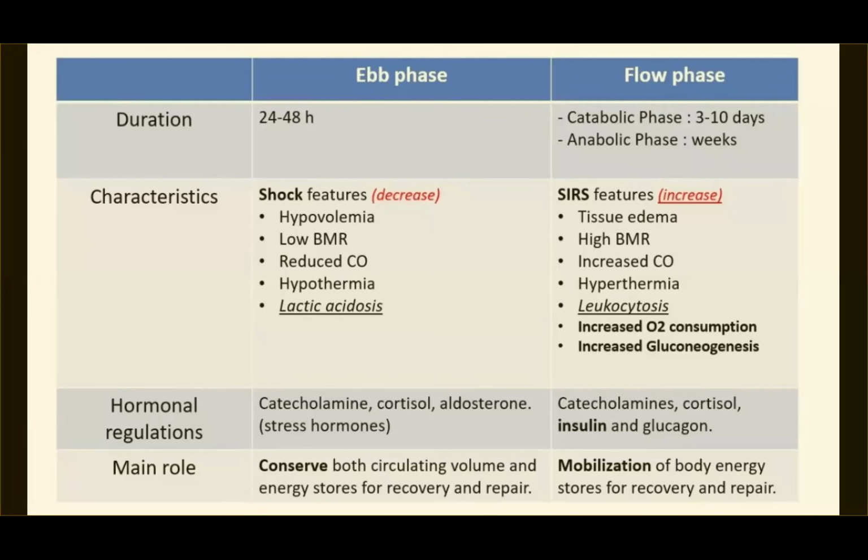Then the non-carbohydrate substrates like lactate, as you mentioned properly, are utilized. Lactate, amino acids, and products of fat metabolism like glycerol are utilized again for synthesis of glucose, that is called gluconeogenesis. You mentioned well about the insulin resistance and reduced insulin secretion.